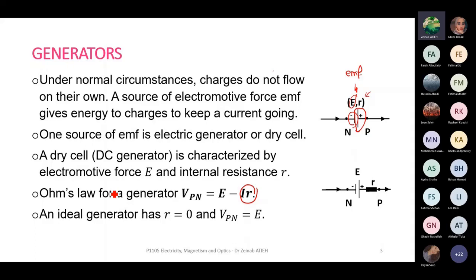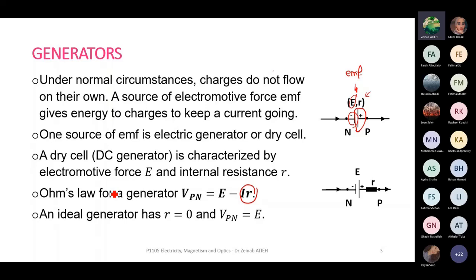So we have to know that for a generator, the voltage VPN is equal to E minus IR. E is the maximum voltage and IR is the voltage due to the internal resistance. Now if small r is equal to 0, we call our generator an ideal generator.